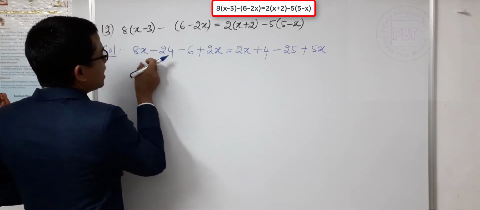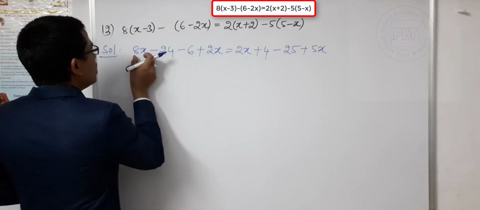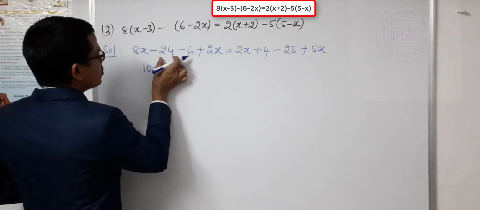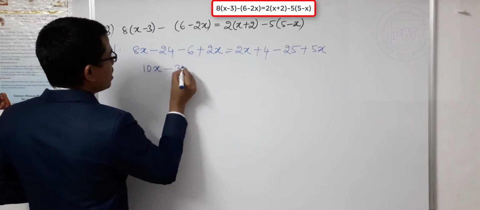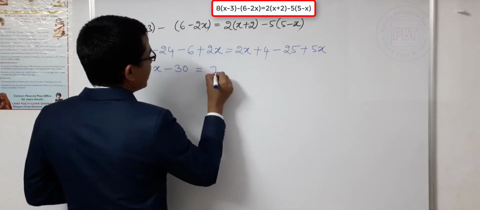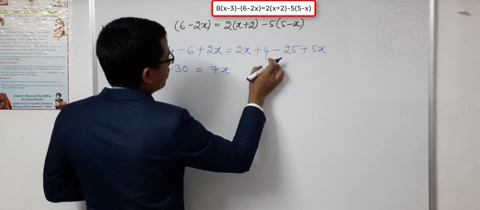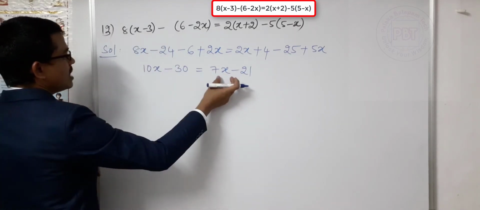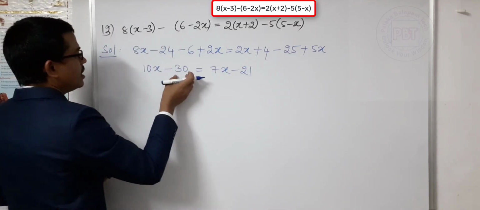8x plus 2x is 10x. Minus 24 minus 6, minus 30, that equal to plus 2x plus 5x is plus 7x, plus 4 minus 25 is minus 21. Now I am transposing 7x to the left hand side, 30 to the right hand side.